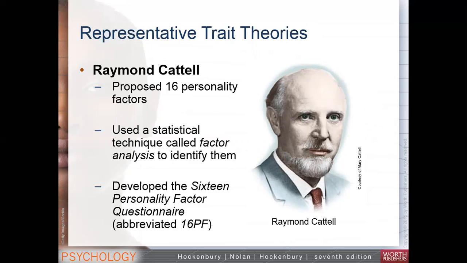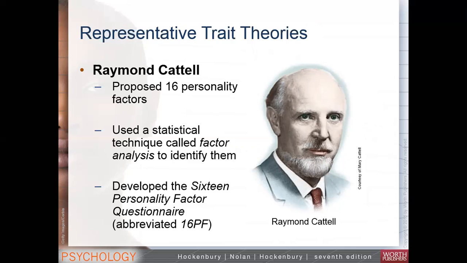And so he found that when you put all these tons and tons of factors together, they broke up into 16 main factors. So he developed something called the 16 Personality Factor Questionnaire, or 16PF, and believed, okay, now this is what personality is made up of.